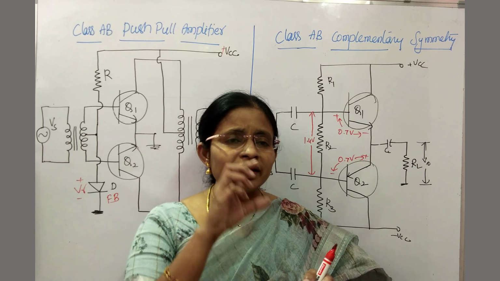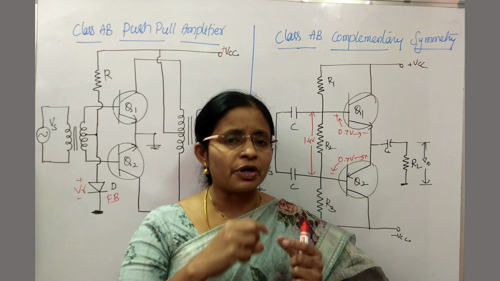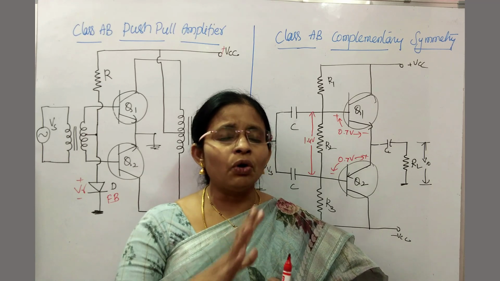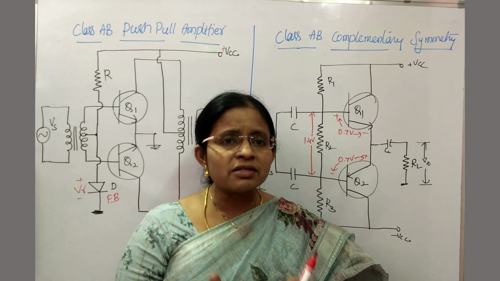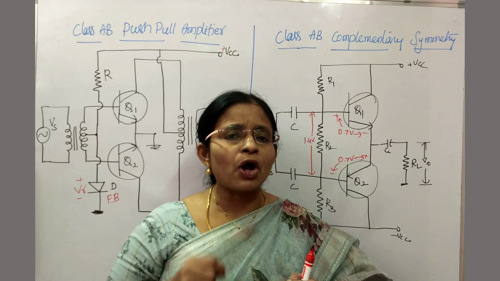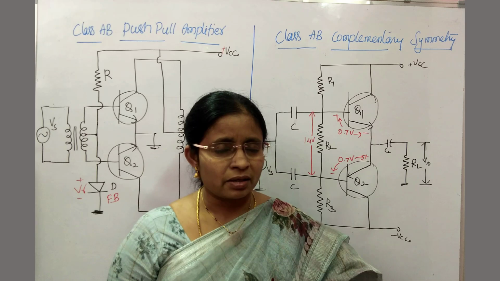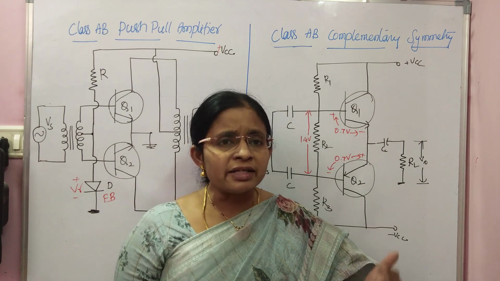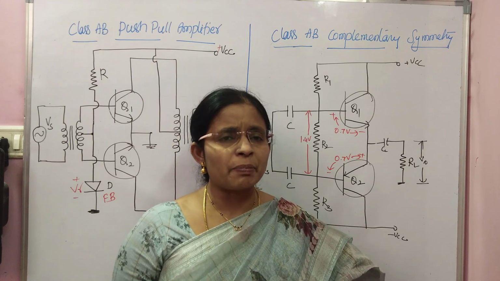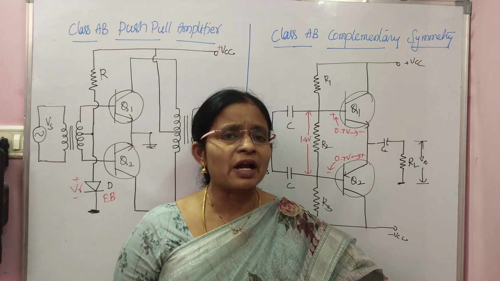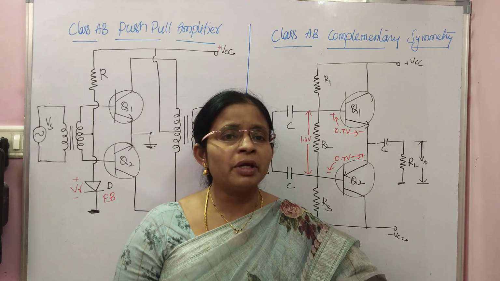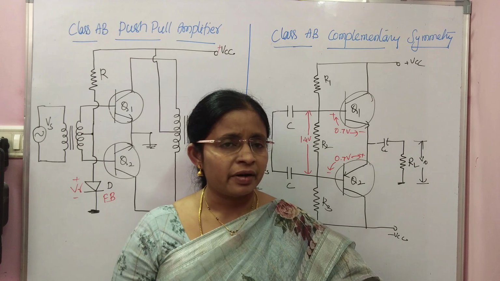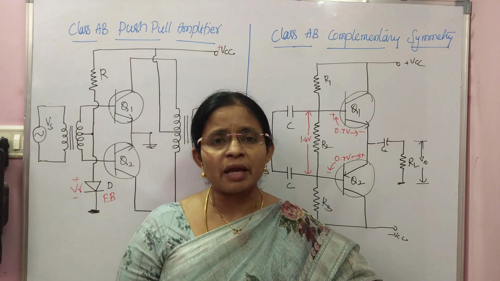So you can neglect that small shift of the operating point compared to the amplitude of the input signal. You can say the Q point can be approximated on the x-axis. So you can consider the efficiency of the class AB power amplifier the same as that of the class B power amplifier, which is around 78.5%. So this is about class AB power amplifiers.